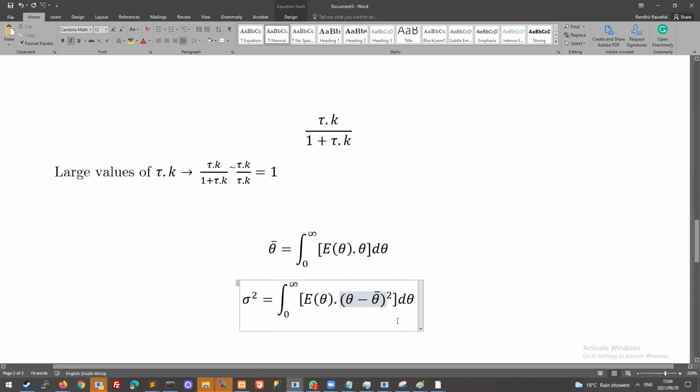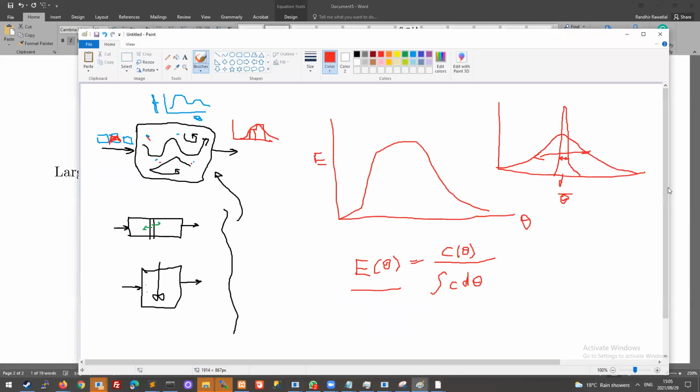So we can think of E of theta d theta as the fraction of fluid elements of age theta. So the fractional amount of fluid elements having age theta minus the average age is an indication of how far on average our curve is from theta average. So that's basically the width of the distribution.